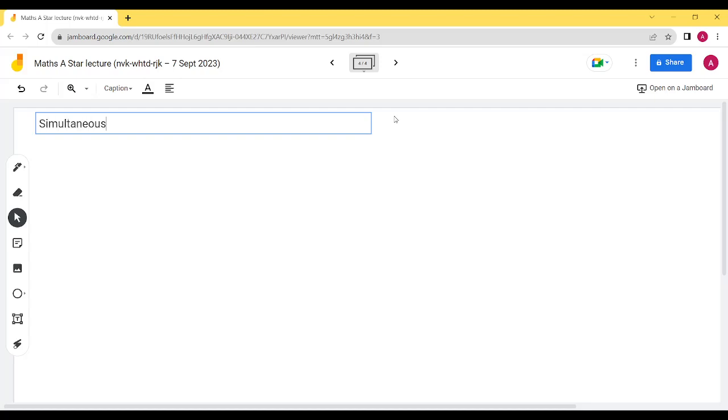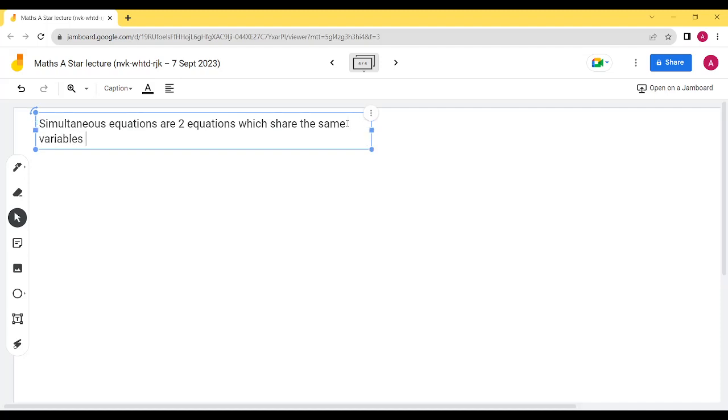So simultaneous equations are, technically, two or more, but within the foundation exam it's two, equations which share the same variables, both balanced.